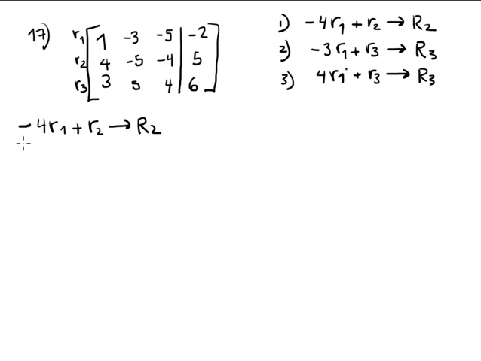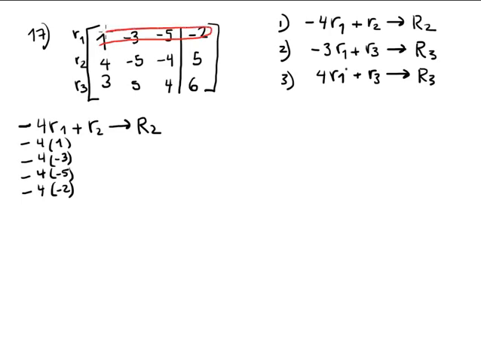Let me copy. The factor is negative 4. Let me copy it 4 times, and you multiply by each element in row 1. In row 1 we have 1, negative 3, negative 5, and negative 2.